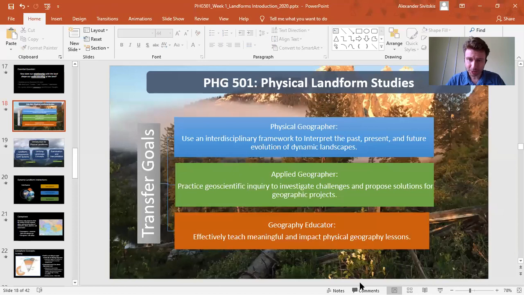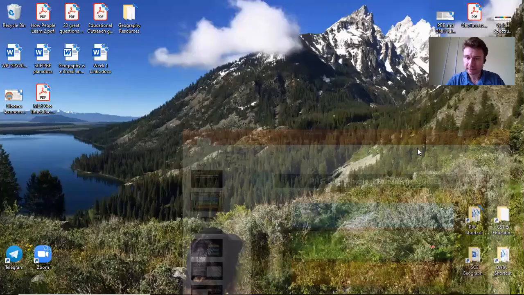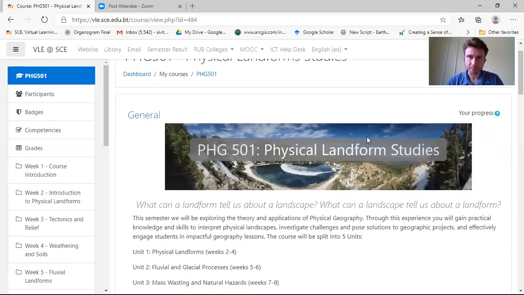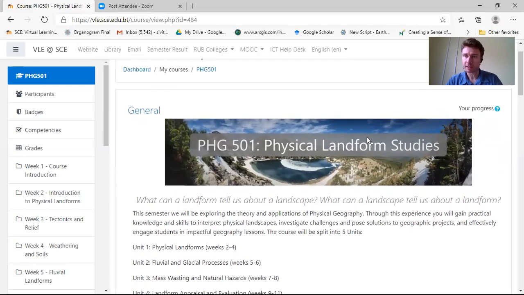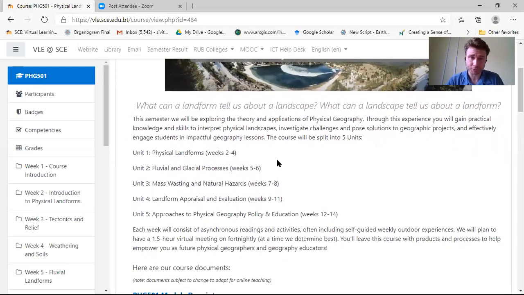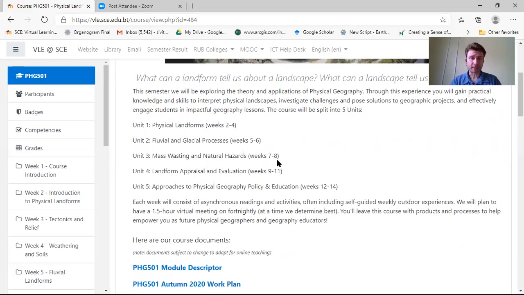Okay, and just to show you what that will look like, I'm going to open up our VLE really quick, which I think everybody is now in. In the VLE, very similar to our other course, you're going to see what we can expect as we go through. We'll have multiple units: physical landforms in general, fluvial and glacial processes, mass wasting, natural hazards, landform appraisal and evaluation, and finally we wrap it up, with education going in between.